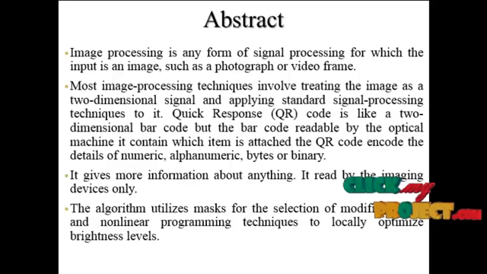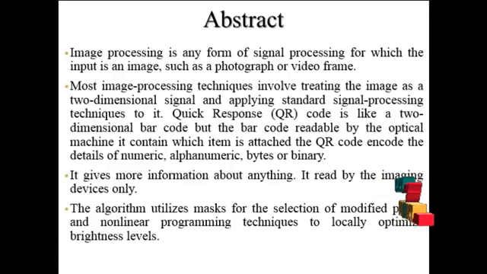The QR information bits are encoded into the illumination values of the image, taking advantage of the immunity of QR readers against local illumination distributions. To mitigate the visual distortion of the QR images, the algorithm utilizes a softening mask for the selection of modified pixels and non-linear programming techniques to locally optimize the illumination level.